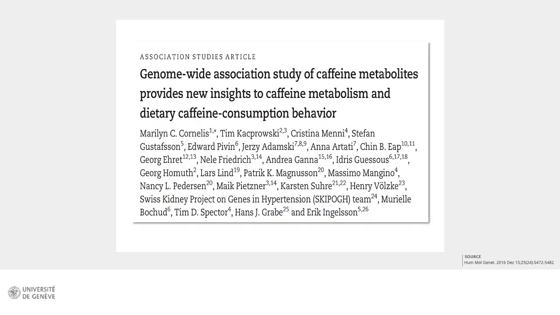This is really nice because it was followed a few years after by another GWAS showing that the genome is constituted of variants that help you metabolize caffeine and also influence the amount of caffeine you drink.